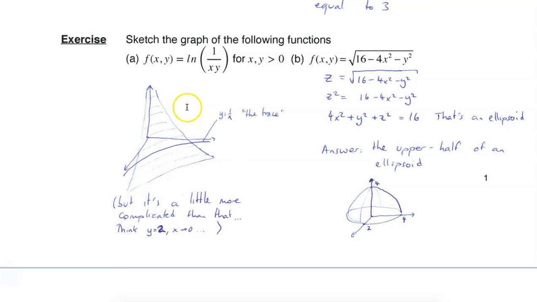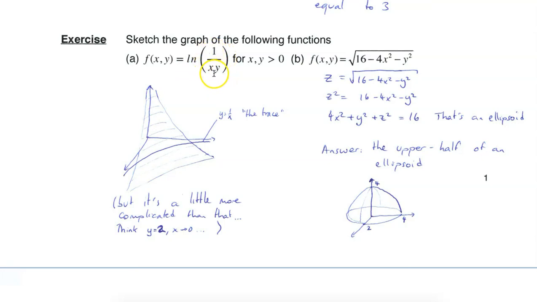So for example, when you have f of xy equals ln of 1 over xy, we are focusing on the first quadrant of the domain here, so xy are greater than 0. We may think of the trace. So for what values of xy will we have an output of 0? And we know ln of 1 equals 0.